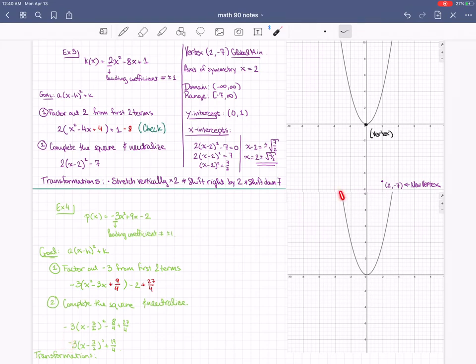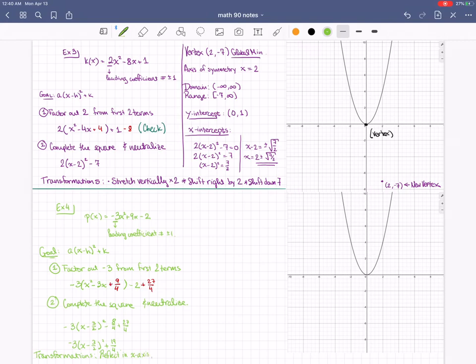So in other words, if we started with a parabola that opens up the way that x squared does, when we reflect it, we are now going to have a parabola that opens down. So in this instance, the fact that there is a negative here tells us that the vertex is a global maximum, not a global minimum. So we're going to include that in our transformations. Reflect in x-axis.